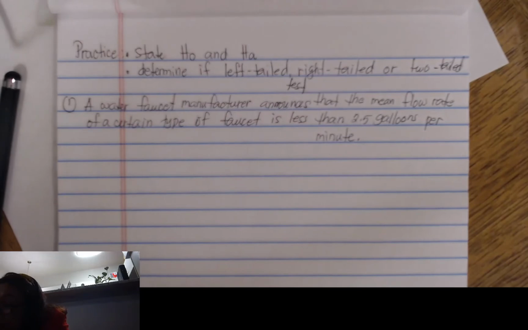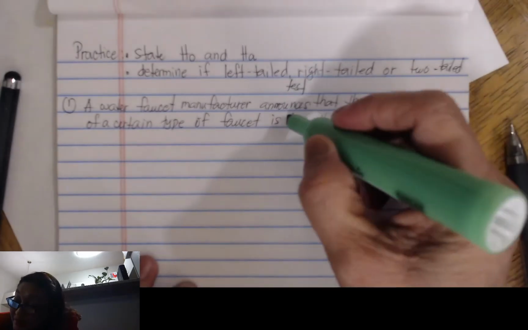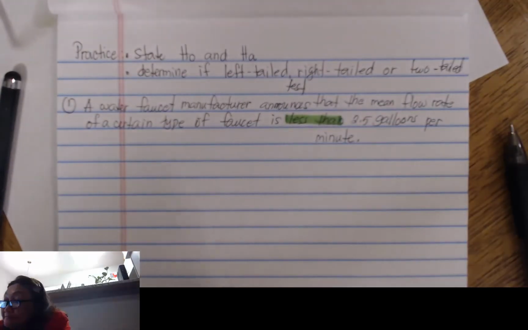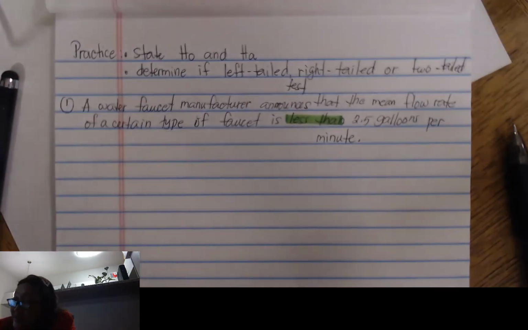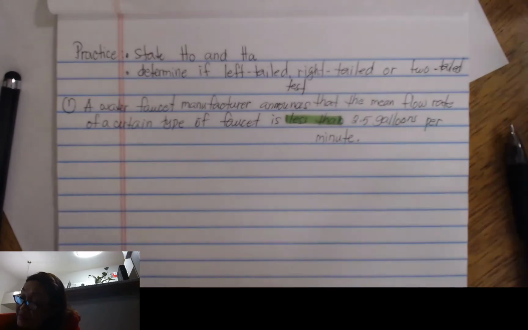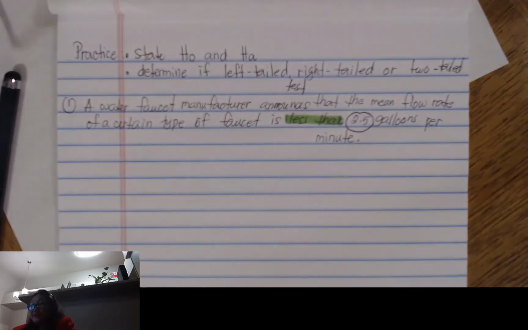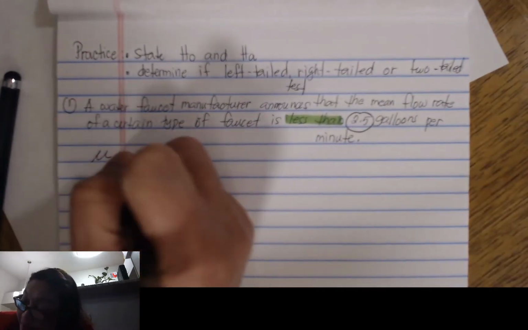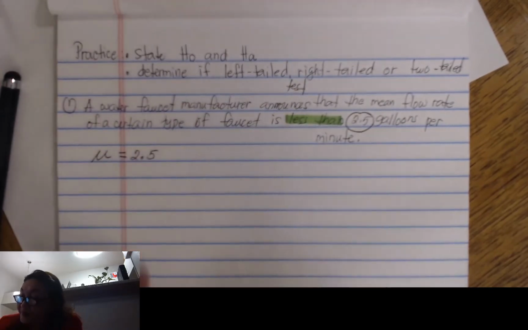Okay, here we're going to analyze. The words less than are very important because they help us. And of course, this is our mean, so let's write that. Our mean is 2.5.